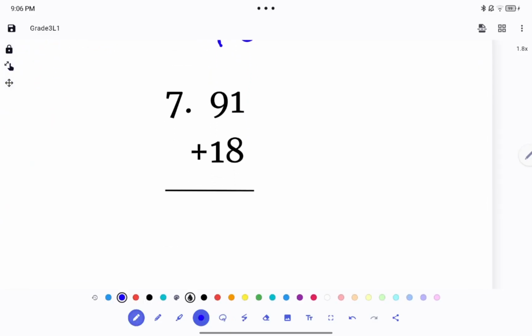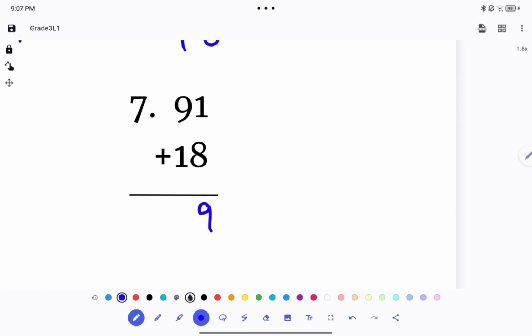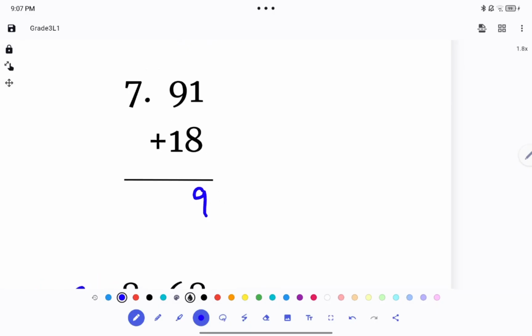Alright. Ooh, this is a spicy one. So, 91 plus 18. Alright, so let's take care of this. We add this 1 to this 8 over here, and we get 9. Then we move on to the tens column, and we get that 9 plus 1 is equal to 10?